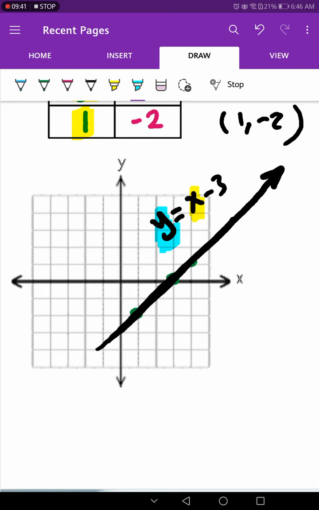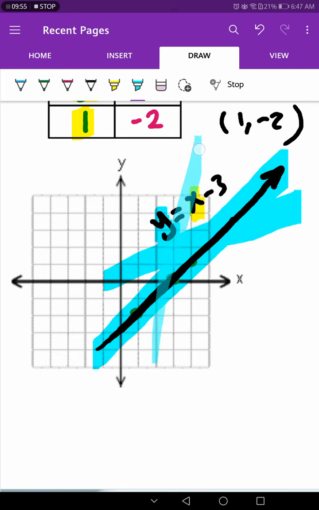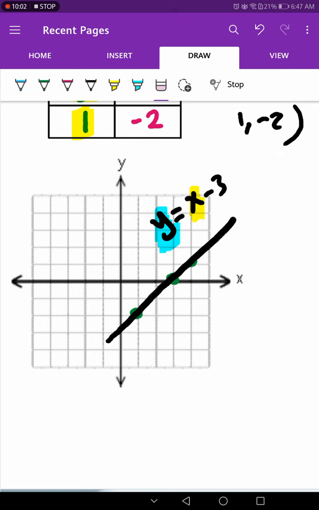Y equal x minus 3. I know because the x is positive here, it has no negative sign, so it will go in this direction, maybe like this, maybe like this, but in this direction, because the sign of the x is positive.